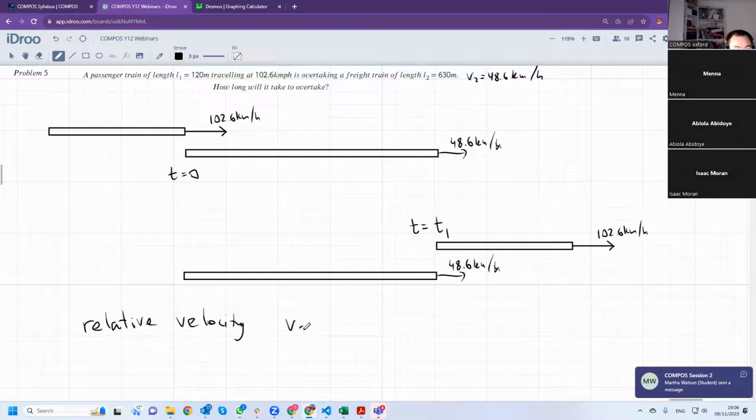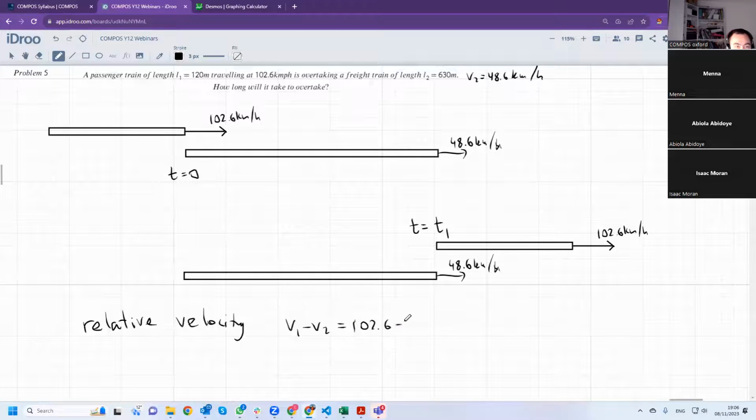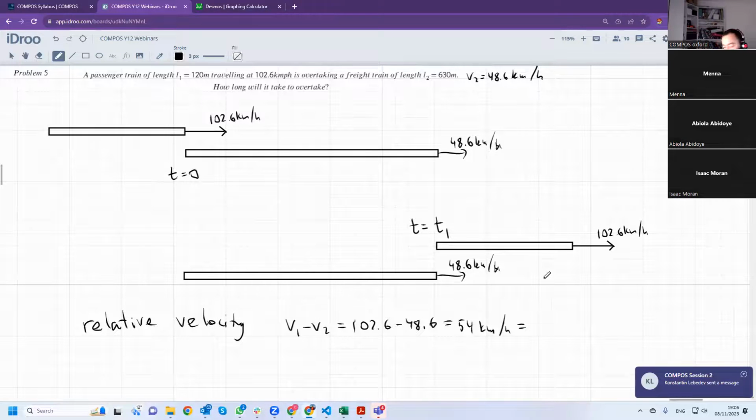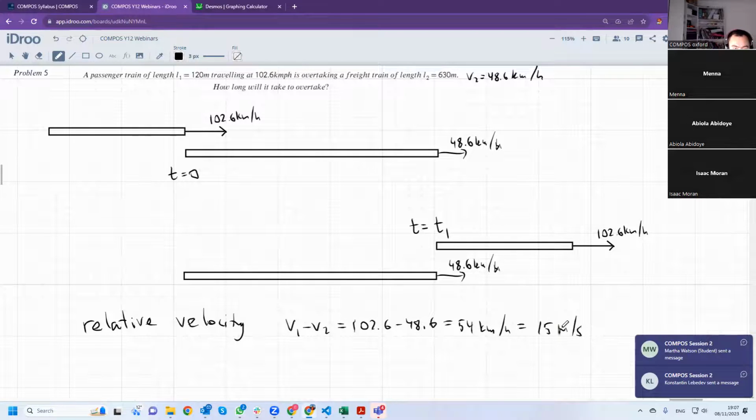Relative velocity is v1 minus v2, and that is 102.6 minus 48.6, which gives us 54 kilometers per hour, which incidentally is 15 meters per second.